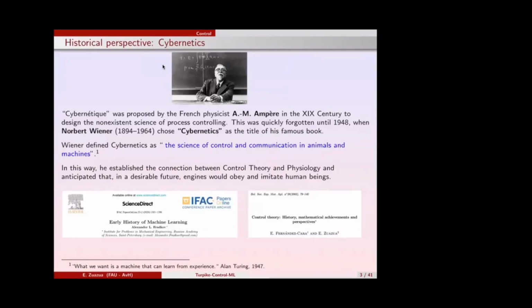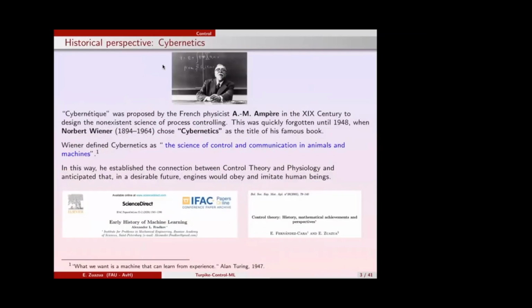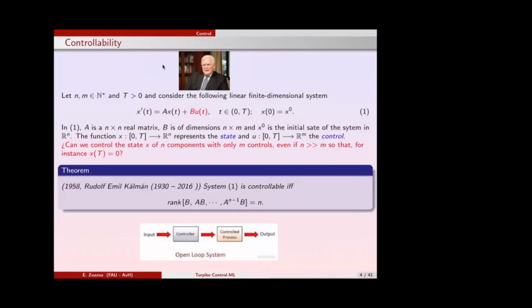Okay, very good. So first, this is something we have already seen. From a control perspective, the topic is very classical. The importance of the topic was already anticipated by Norbert Wiener, who talked about the duality between communication and control. In order to discuss this topic, we started by the simplest paradigmatic problem of controlling a linear finite-dimensional system.